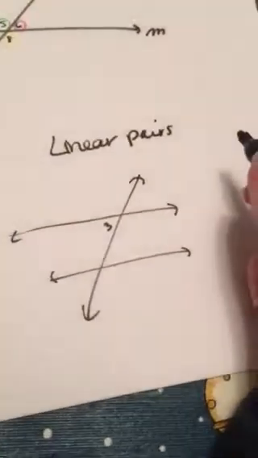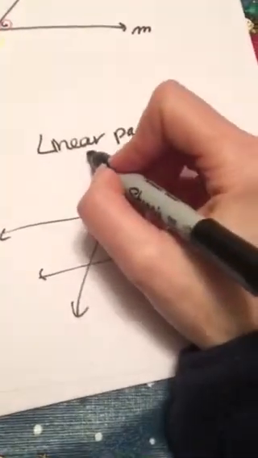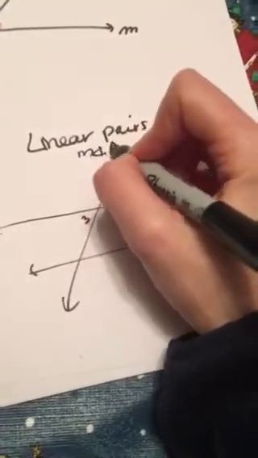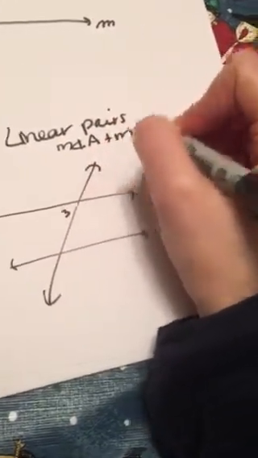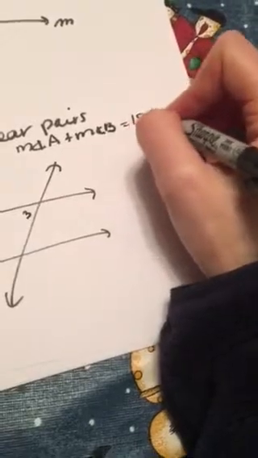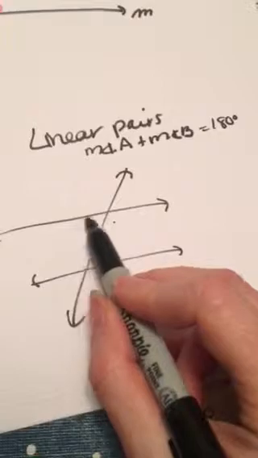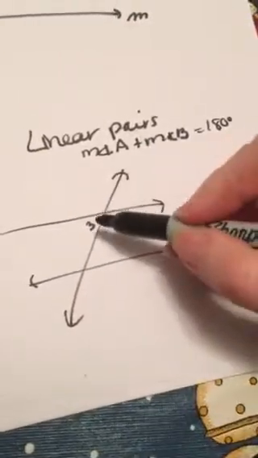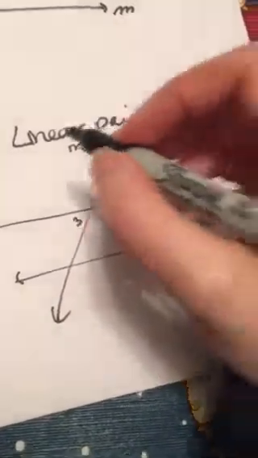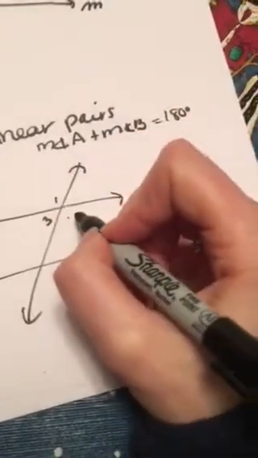Linear pairs are when you have two angles, so the measure of angle A plus the measure of angle B equals 180 degrees. So 3 plus this angle can equal 180 because that's a linear pair, and then 3 plus this angle here could equal 180.